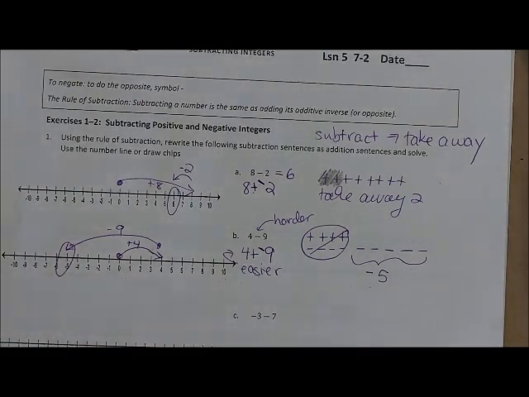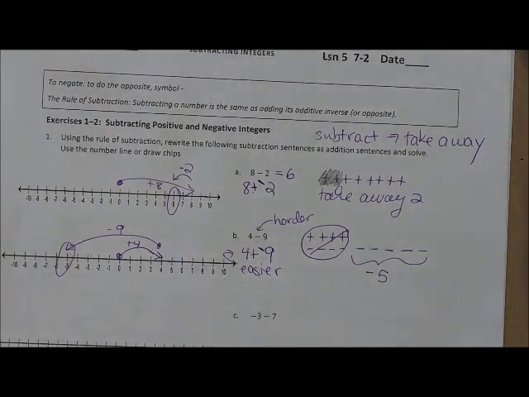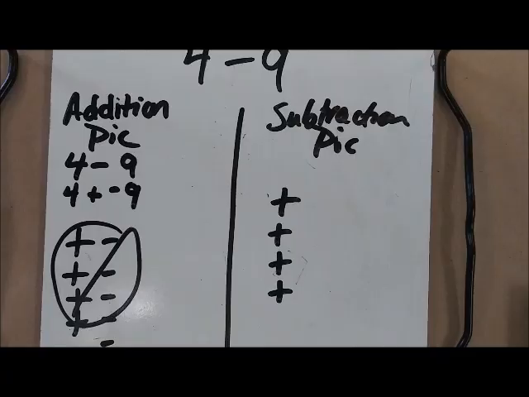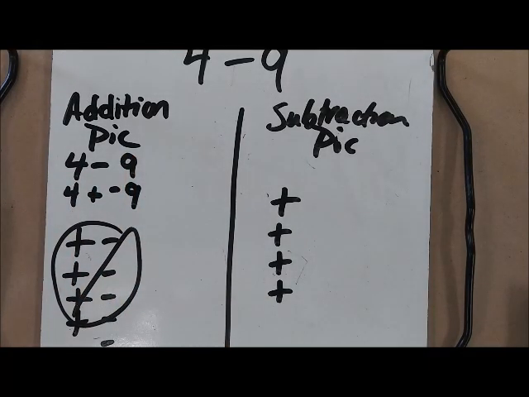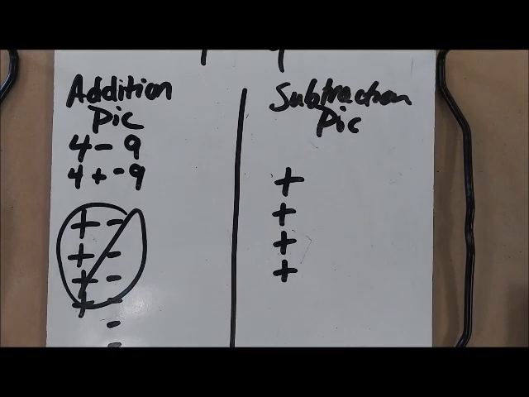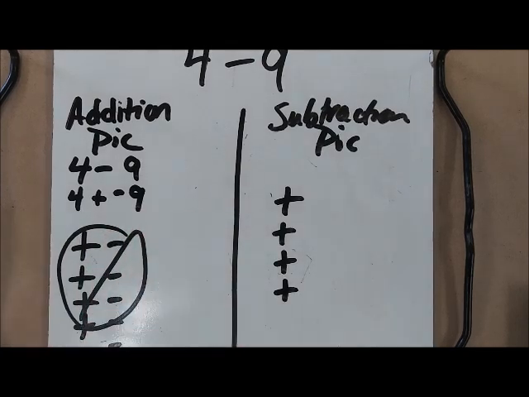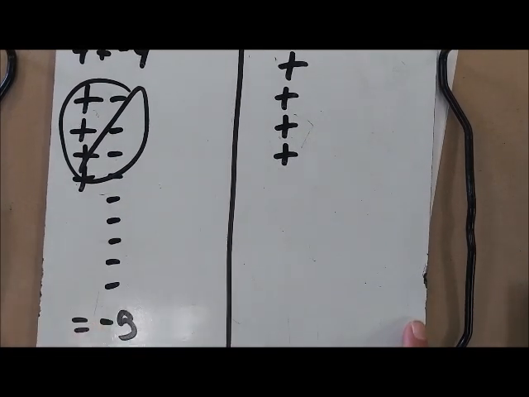Now, you ready for a more advanced version? I'm going to show you what the actual subtraction picture looks like for this one. So we did our addition picture, and you have that down in your notes for 4 minus 9, which is the same as 4 and a -9. So I have the picture here. We know the answer is -5.